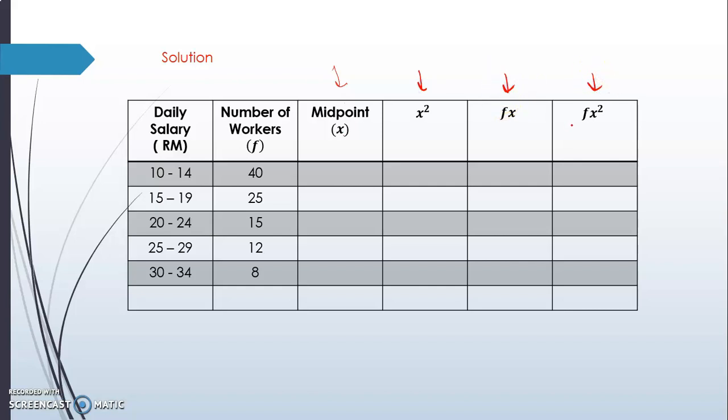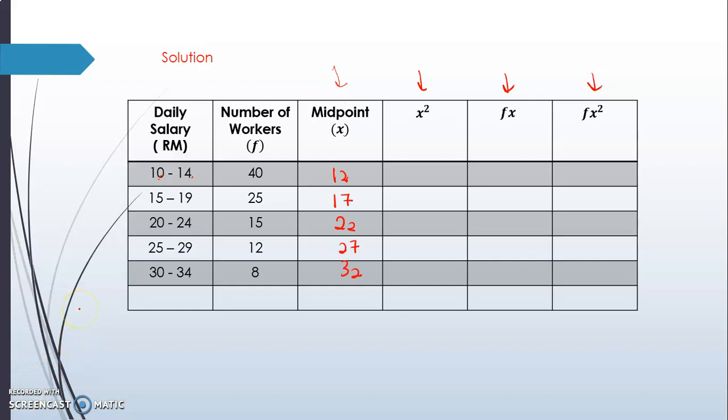Alright, so for midpoint, the formula is just lower limit plus upper limit, so 10 plus 14, and then divide by 2. So 10 plus 14 is 24, 24 divided by 2 is 12. Please find the value of x for every class interval.